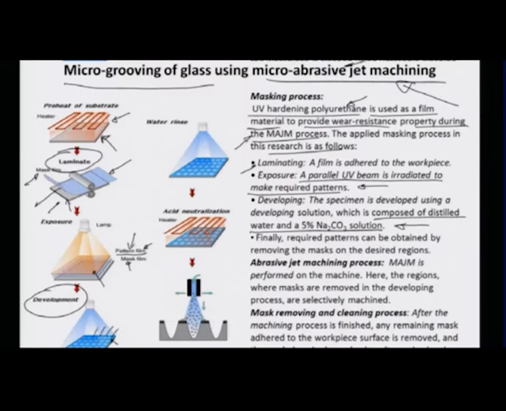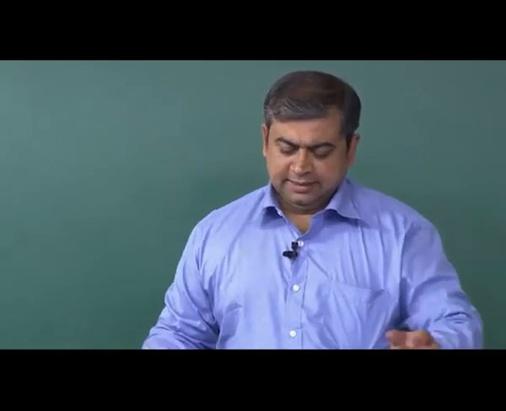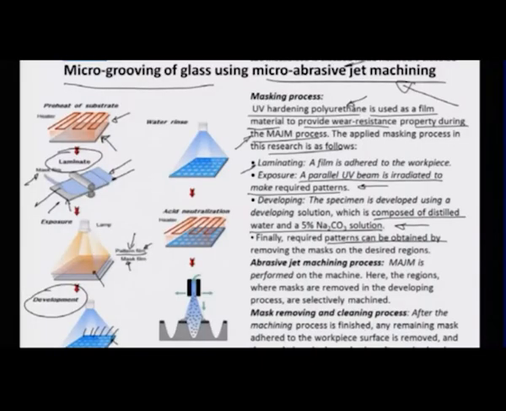So they are now empty crevices created on this blue masking film or laminate film right here. And finally these patterns are used for exposing the substrate, which is down below here. You can see this is the substrate, to the abrasive jet running through the nozzle onto the substrate surface.